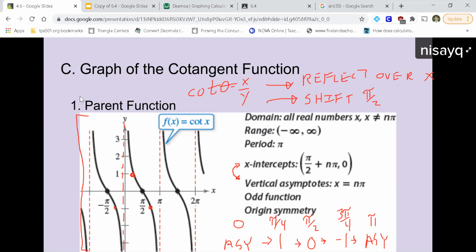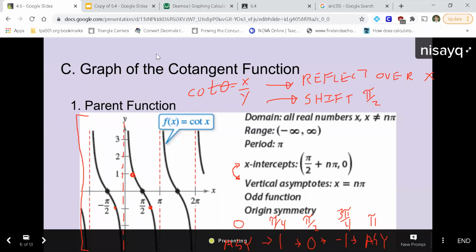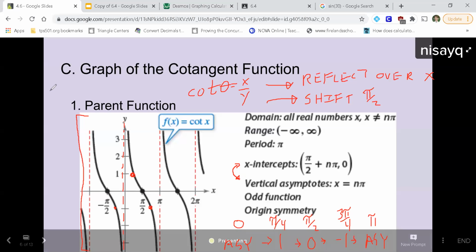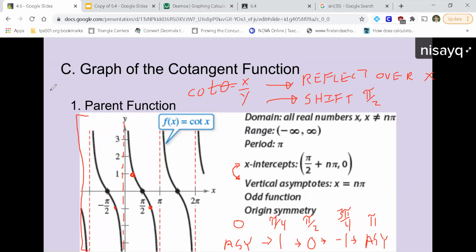But I think it might be a little bit redundant at this point. So unless everyone has any questions or need more time to write, I think we'll move on to cosecant and secant. That way I get time to show you an example of one of those.